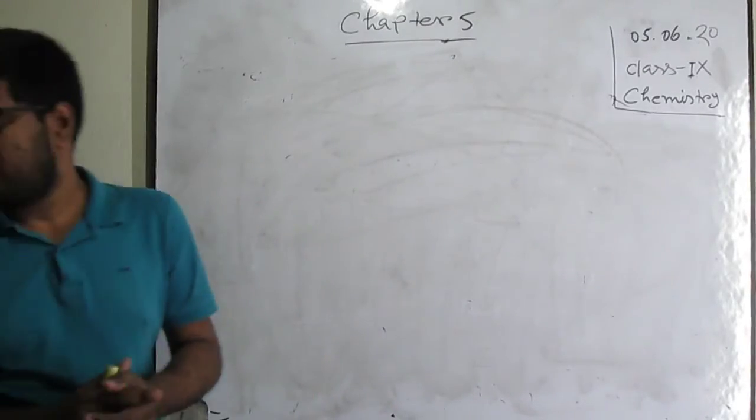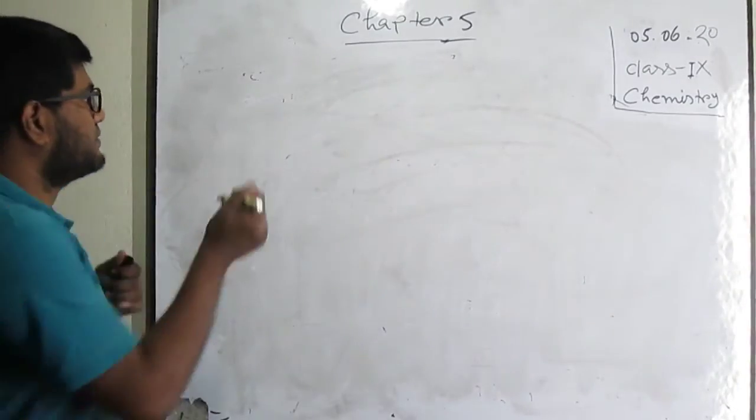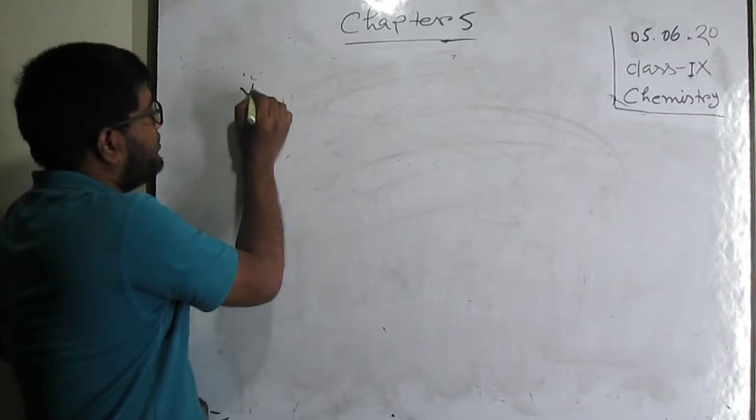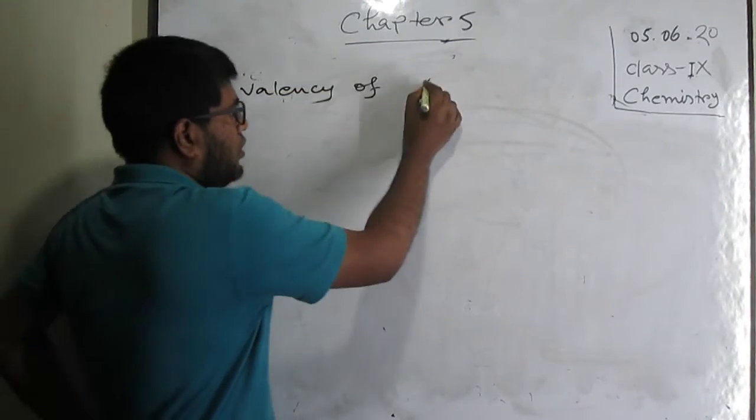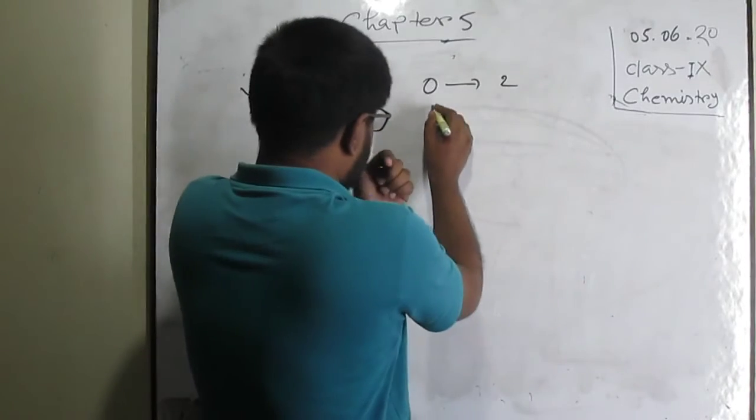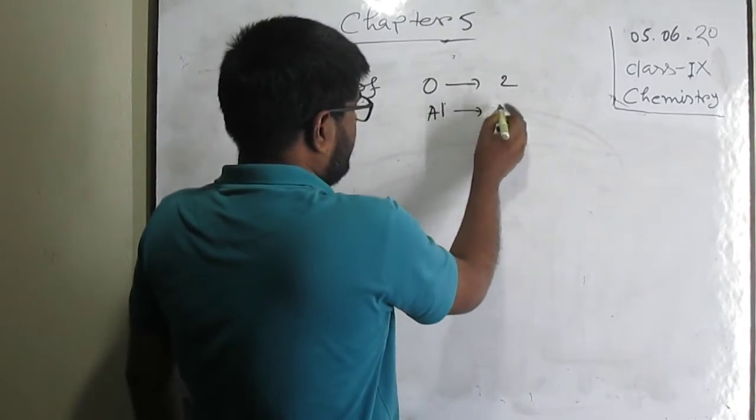Example is aluminum oxide, then aluminum sulfate. You should know the valency of oxygen is 2 and aluminum is 3.